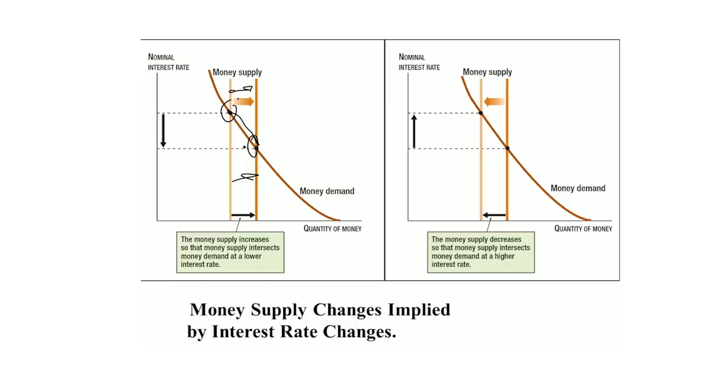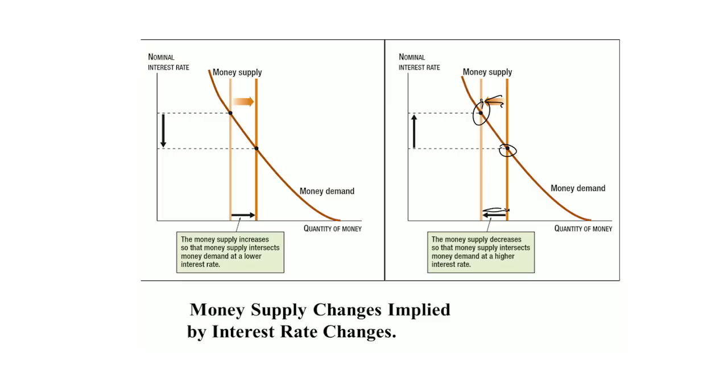And on the right-hand side of the diagram, we have the opposite. In this example, we're starting at the lower intersection, and the Fed increases the interest rate by reducing the quantity of money, and the interest rate rises to the new intersection.